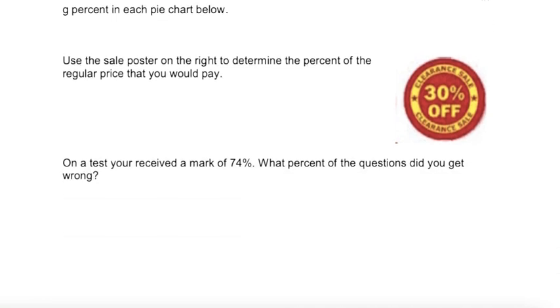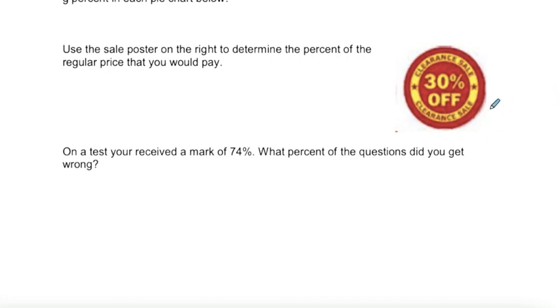A few more word problems. Using the sale poster on the right, determine the percent of the regular price that you would pay. Well, normally an item that is not on sale, you would pay full price for. So a regular price, which is full price, is 100%.